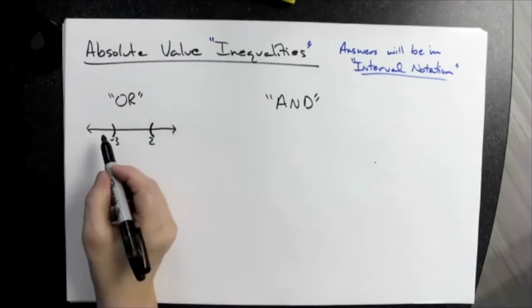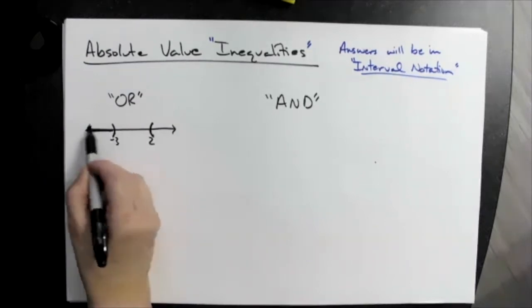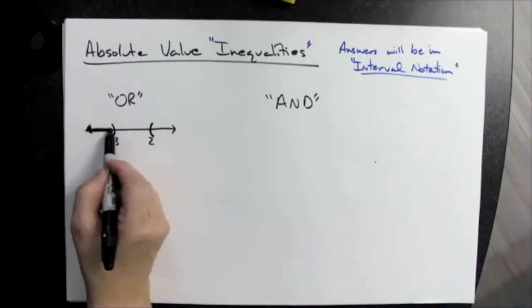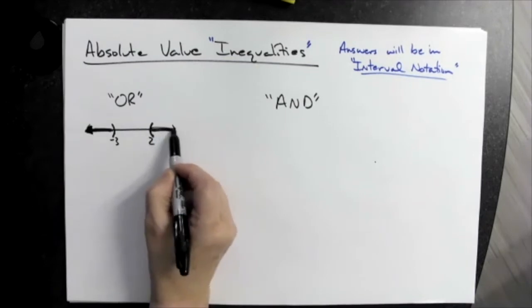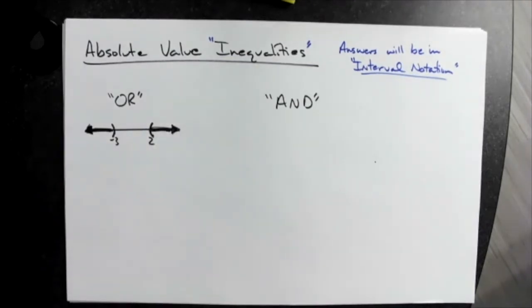Now if it's an "or", basically the answers are either right here on this side, or they are over here. "Or"s when we graph them are shaded like this on a number line.